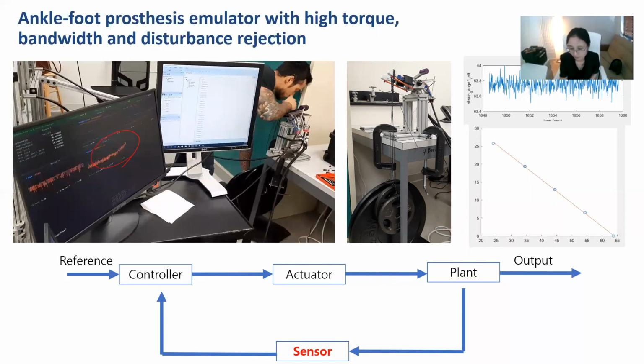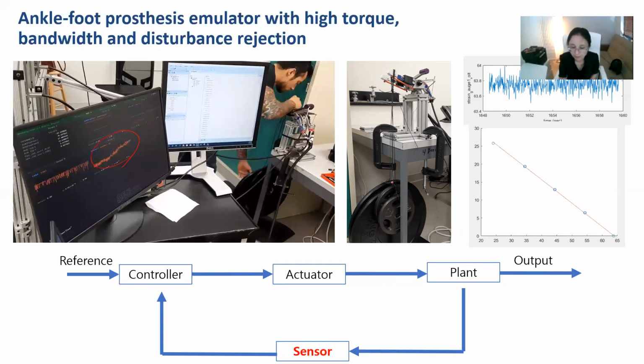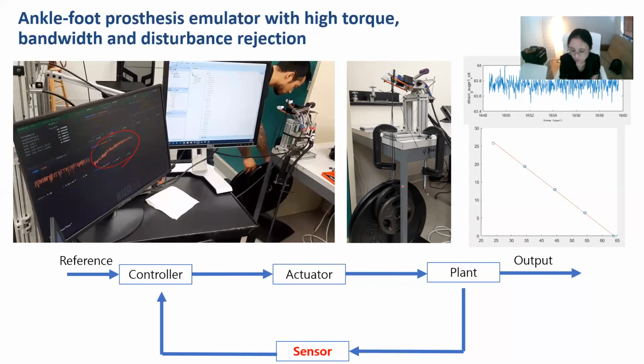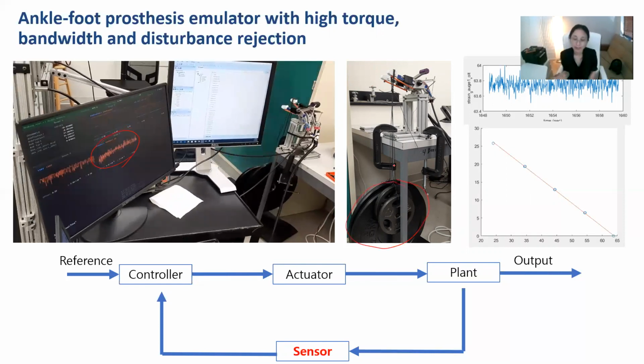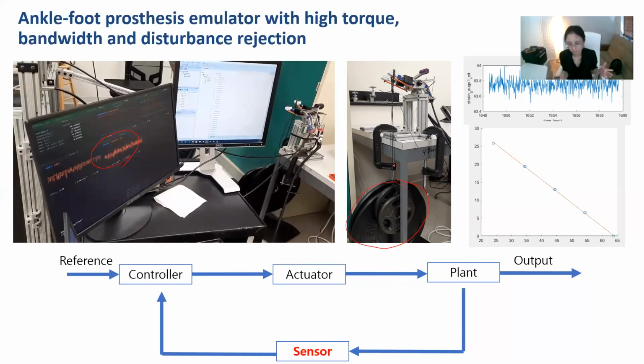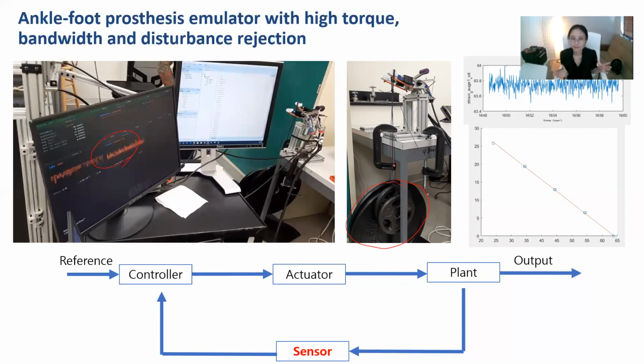And so we made a sensor using this. And so therefore, this ankle-foot prosthesis can measure torque depending on the control input or depending on the situation. So there's a sensor which can measure the plant torque.